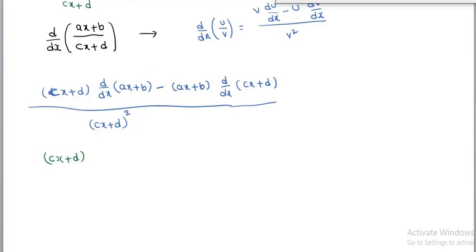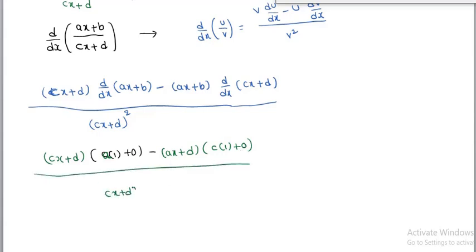d by dx of cx plus d: c constant, x derivative 1; d is a constant, derivative 0. Minus (ax plus b) d by dx of cx plus d. Sorry, here, a x derivative 1, constant derivative 0; c constant, x derivative 1, constant derivative 0.